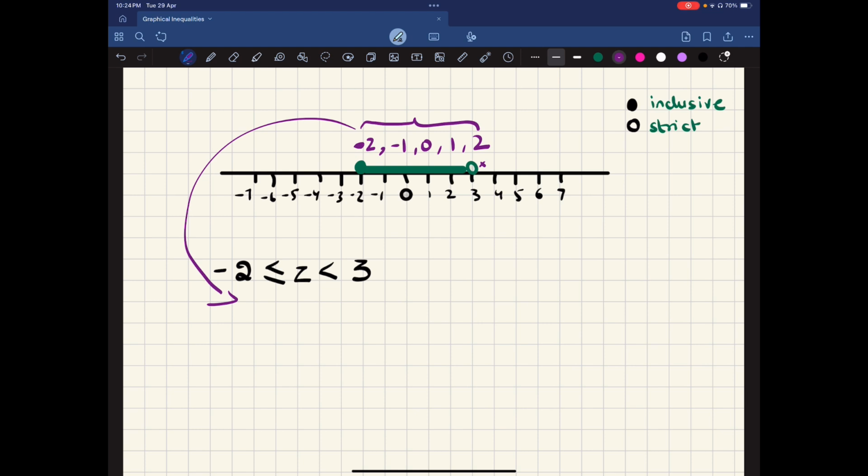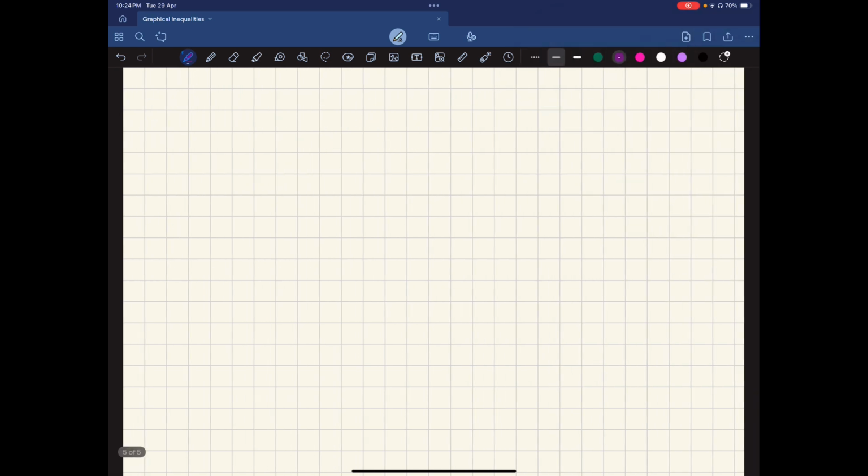Okay, let's do another example. If we ask you to show the range x is greater than or equal to 1 and less than 6 on a number line, what you need to note here is that the 1 itself is included in the range.